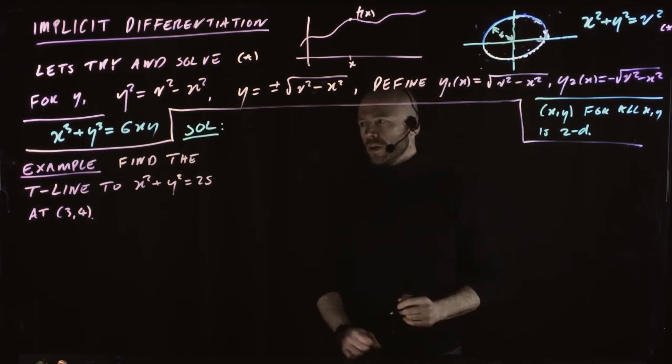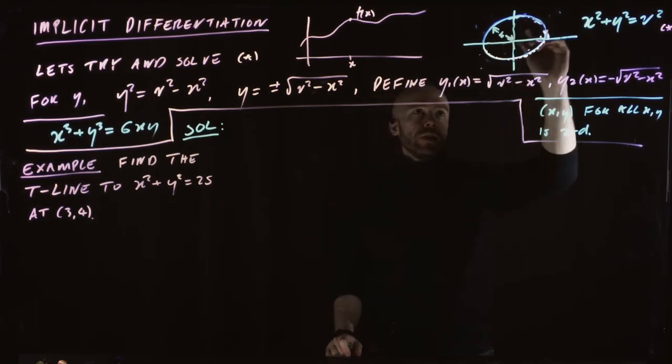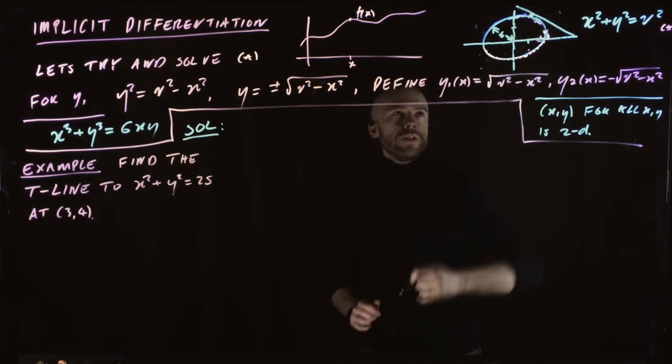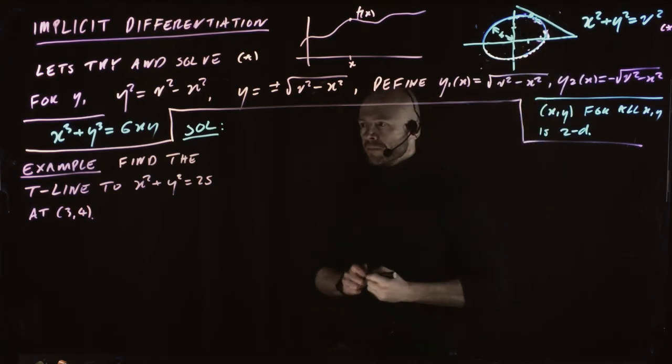And we are trying to find the tangent line at (3, 4). So this is 3, let's say this is 4. So it's kind of like this. It's a point like this. So trying to find the tangent line, it's going to look like this. Right? It'll be sloping down like this. Not the best picture, but you know what I'm trying to do.